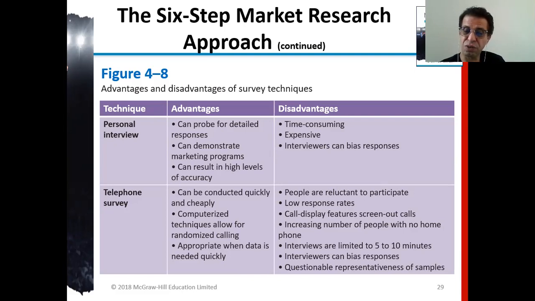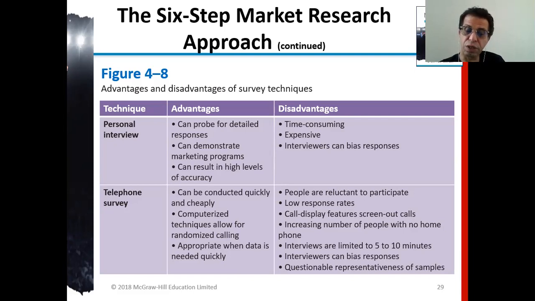Call display features, screening out calls, do-not-call lists, and an increasing number of people with no home number, so they have only mobile. Interviews are limited to only 5 to 10 minutes because you're on the phone. You don't want to keep these guys answering, since it's free for you but costing them more than the 5 to 10 minutes.